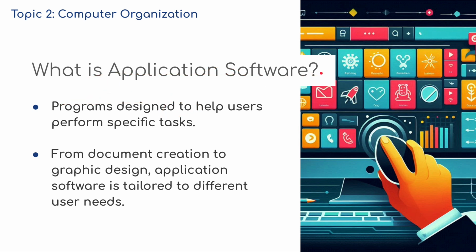What is application software? Well, it's programs designed to help users perform a specific task. Apps on your mobile phone, apps on your computer, things that do specific tasks. From document creation to graphic design, application software is tailored to different users' needs.